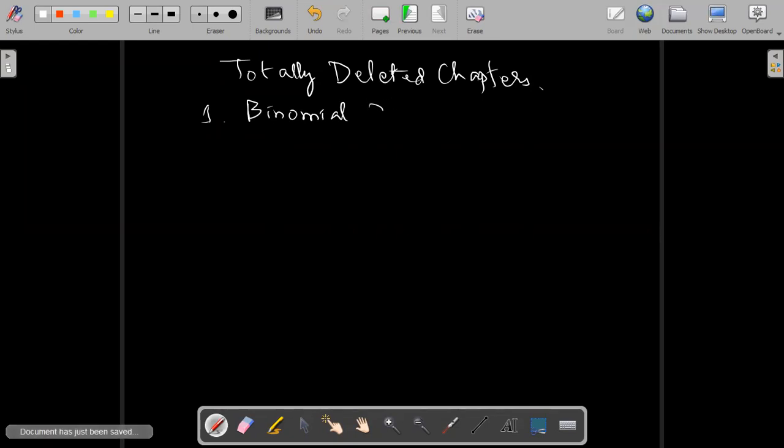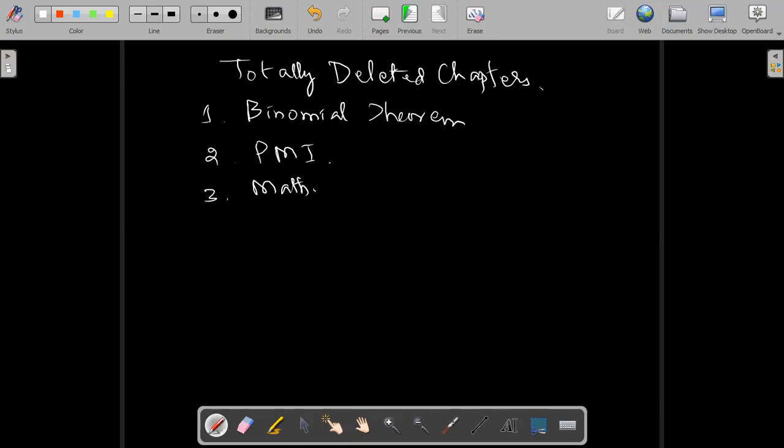Second chapter is principle of mathematical induction, and third is mathematical reasoning, a very small chapter. These 3 chapters are totally deleted.